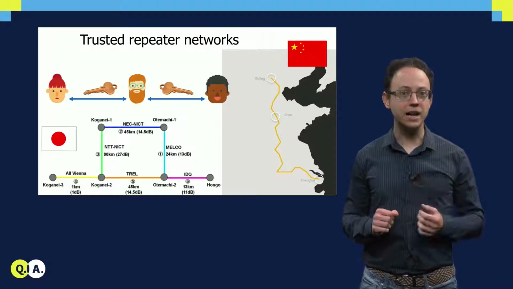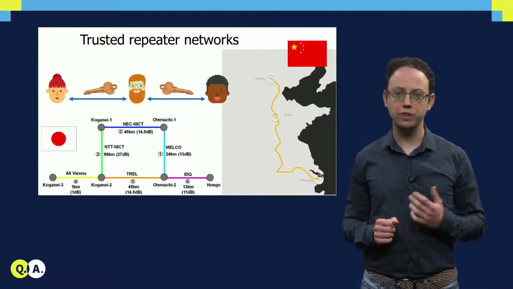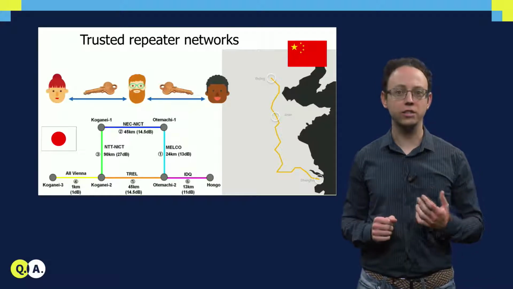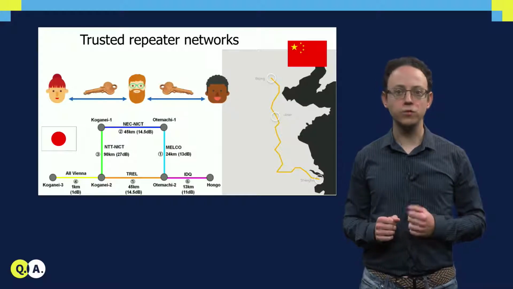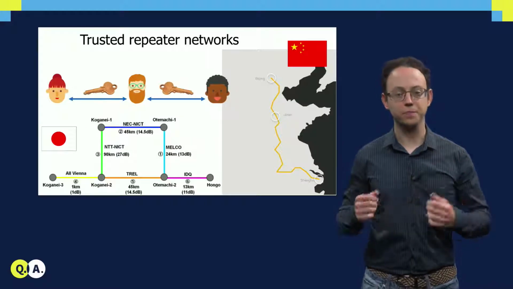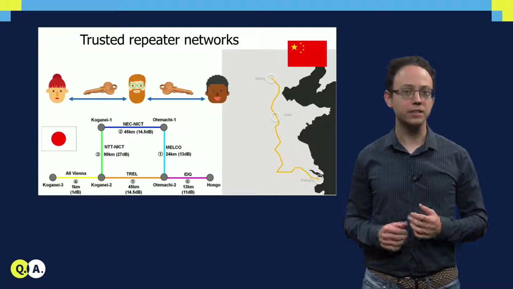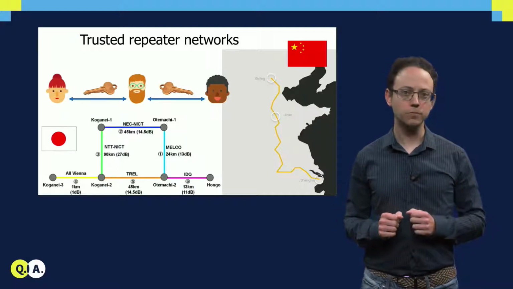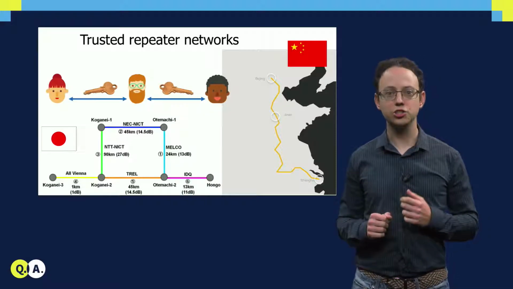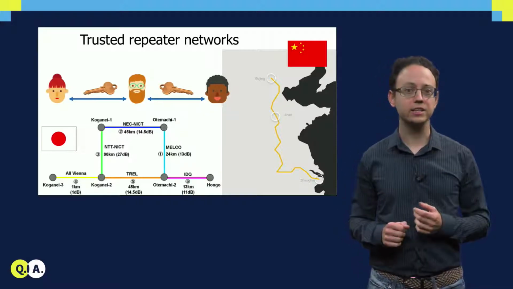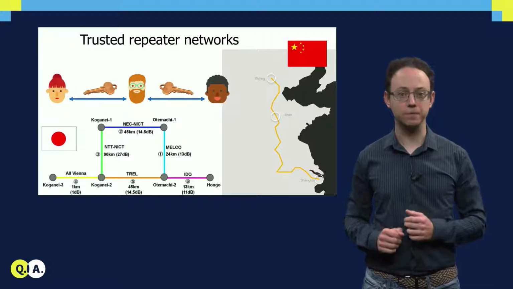This paradigm has been used since the early 2000s to distribute keys over long distances. Two of the most famous examples are in the slide. On your left, a metropolitan area network with trusted devices in Tokyo. On your right, an extremely long chain of trusted repeaters connecting the cities of Beijing and Shanghai.